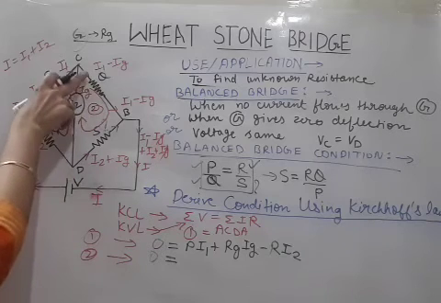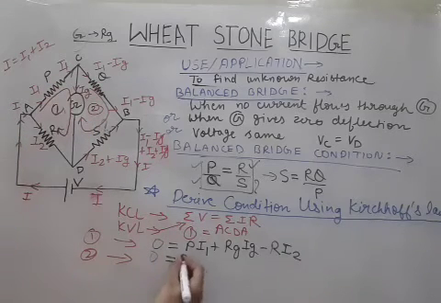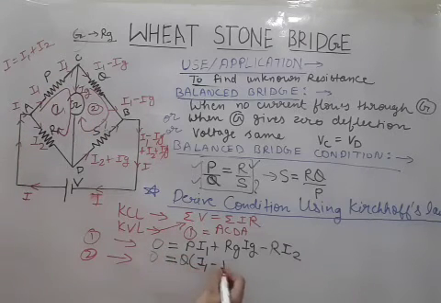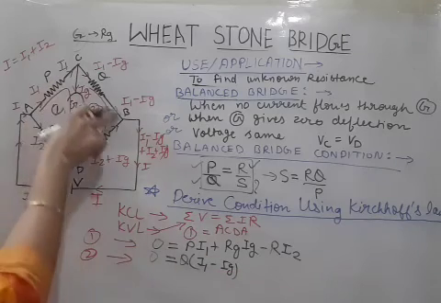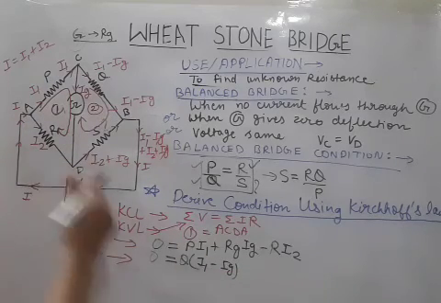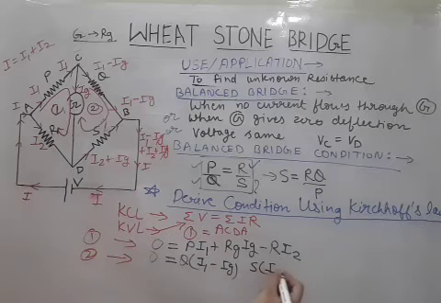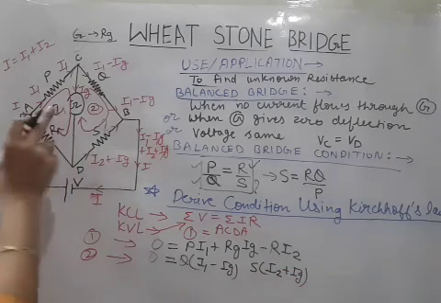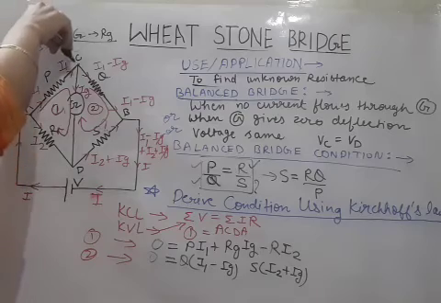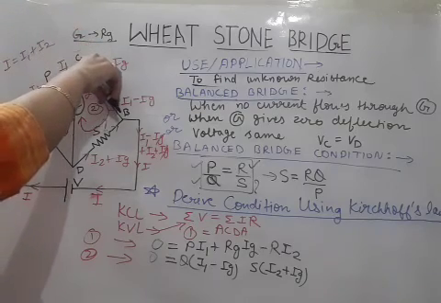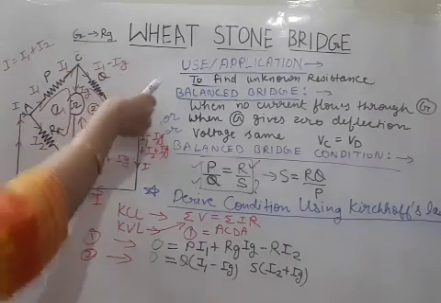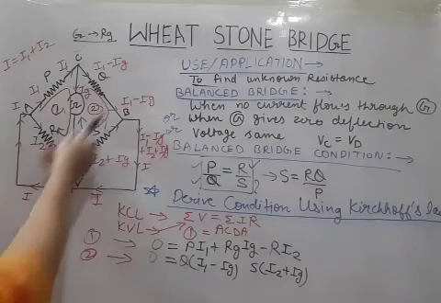Then let us start with Q. Q की current क्या है? I1 minus Ig. Q. Then next resistance is S. S current is I2 plus Ig, but direction I1 minus Ig is going down, but I2 plus Ig is coming up.